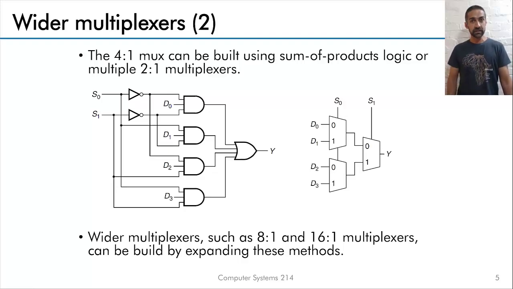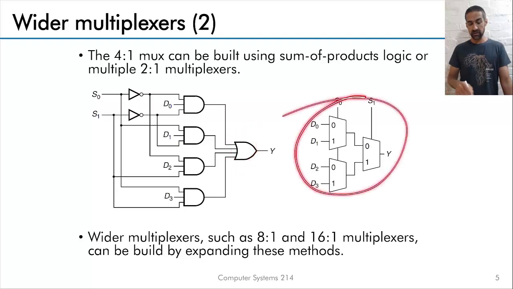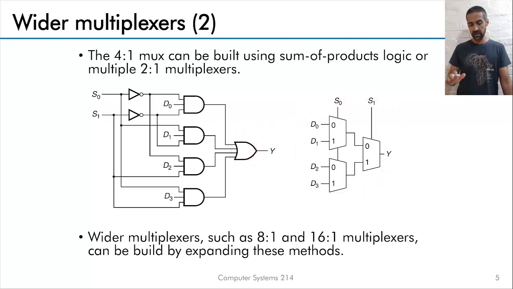Now a 4-to-1 multiplexer can be built using either AND gates and an OR gate, or it can be built using a multiple of 2-to-1 multiplexers. Before we go on, let me just say we're doing this for a reason. The next 4 or 5 slides or so are going to seem weird and spurious, but they lead into Shannon's expansion theorem.